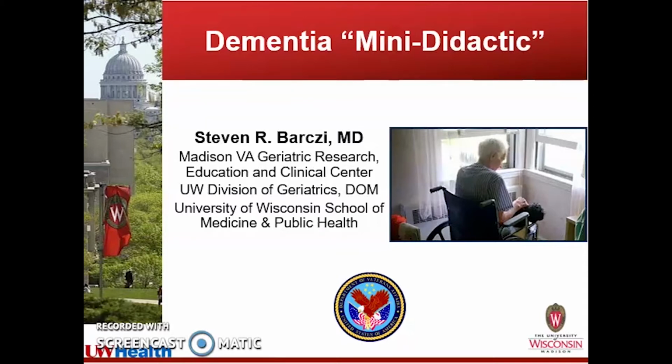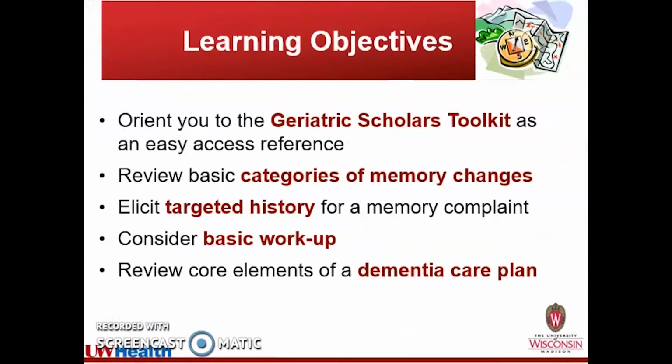In the course of this mini didactic, I'd like to cover a couple of key things. Start out by just reminding you that the Geriatric Scholars Toolkit is an invaluable resource as you are refining your clinical skills in the practice of care for older adults.